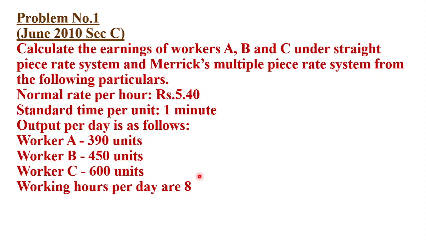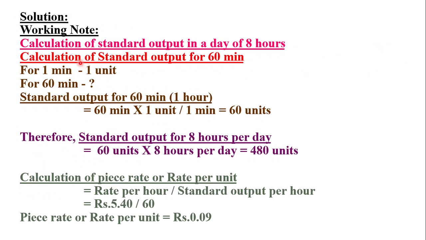With the help of all this information, we have to calculate the straight piece rate system and Merrick's multiple piece rate system. The first thing we require to calculate Merrick's multiple piece rate system is standard output. But the standard output is not given here, so we should calculate it first.